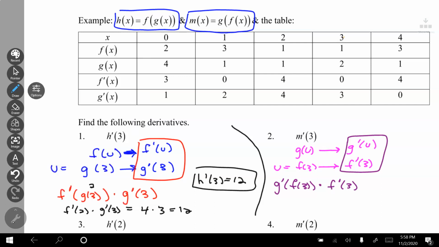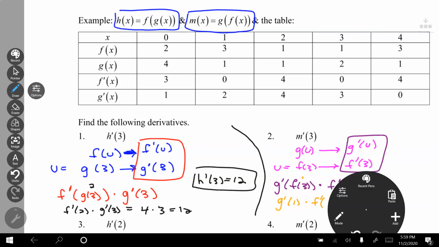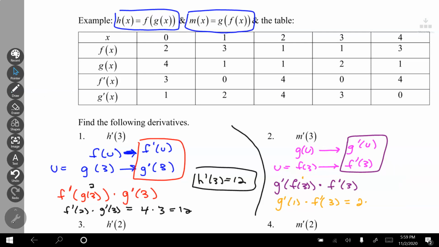Well, f of 3, I go to 3, I go to f, that answer is 1. So I have g prime of 1 times f prime of 3. I go to 1, g prime of 1 is 2, and then I go to 3, and f prime of 3 is 0.